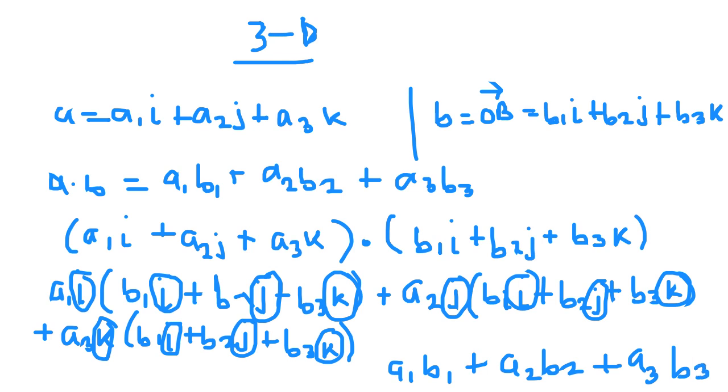So scalar multiplication of components gives you A1 B1 plus A2 B2 plus A3 B3. Scalar multiplication without components, you use the formula magnitude of A times the magnitude of B cos theta. Theta is the angle between the two vectors. I hope that is clear.